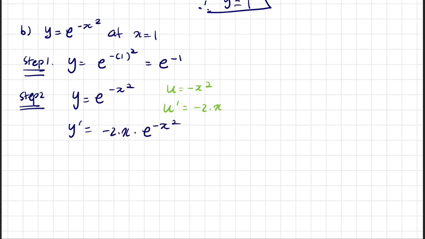Then we can use this to calculate the slope of the tangent. The derivative value when x is equal to 1 is the slope of the tangent. So m is equal to negative 2 times 1 times e to the power of negative 1 squared, which is negative 2 times e to the power of negative 1.